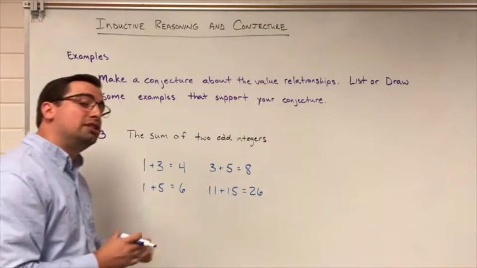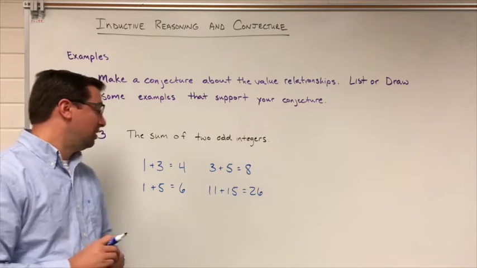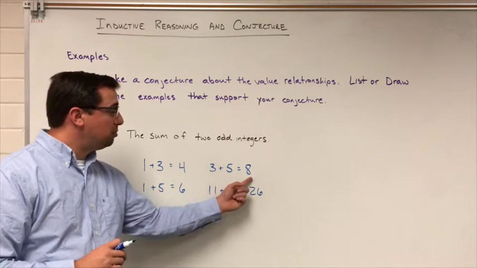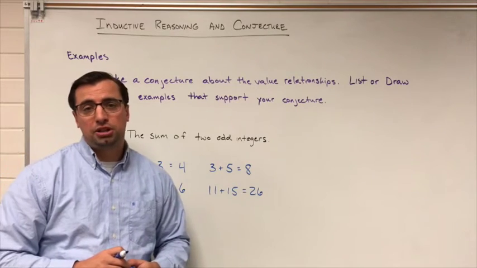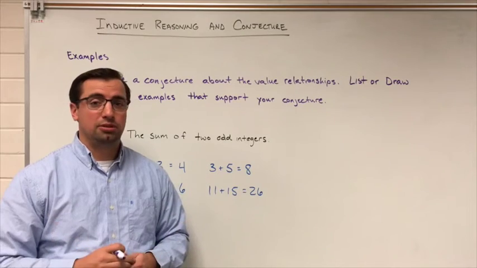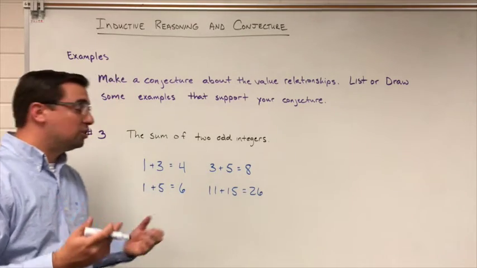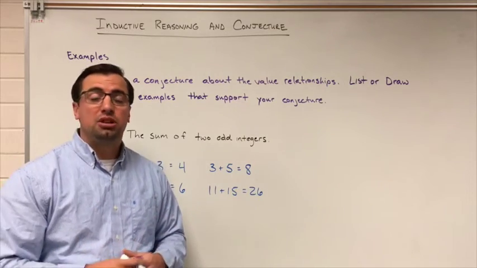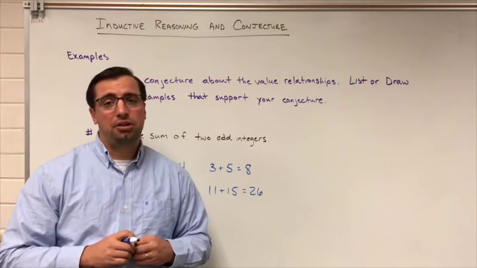Now hopefully you started to see a pattern emerge. That when I add 2 odd numbers together, the result happens to be all numbers that are divisible by 2. In other words, the results are even numbers. And I think if we were to try it again with even bigger odd numbers, I believe we're going to see that same pattern emerge.